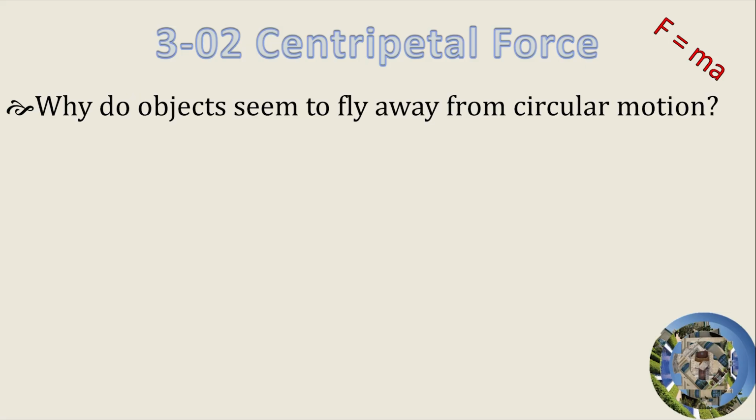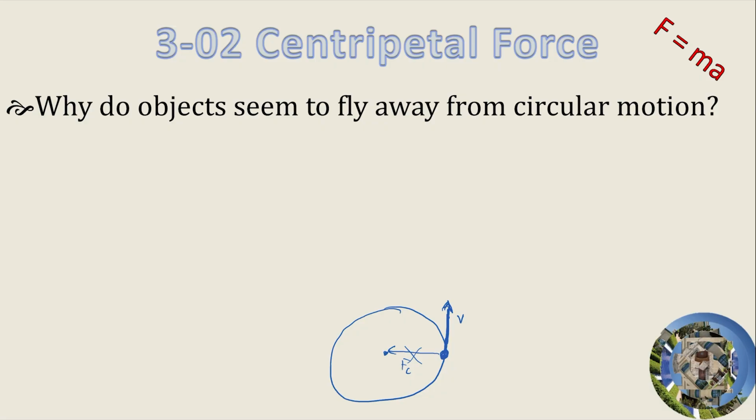So why do objects seem to fly away from circular motion? Well, let's think about it this way. If something's moving in a circle, its centripetal force is pointing towards the center, and its speed is going that way. So if the force disappeared, it would just travel in a straight line and wouldn't change.